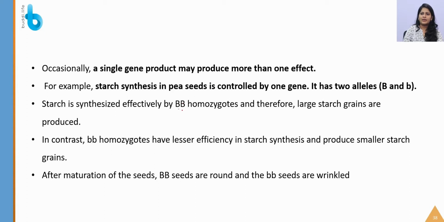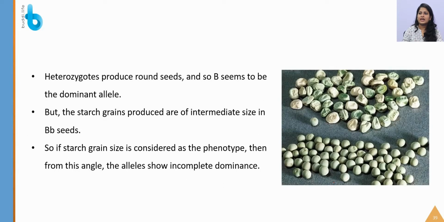When it is capital B, the grain size is very large and it has more starch, whereas if it is small b, the seeds are wrinkled. But if it is intermediate, with one capital B and one small b, the seeds were medium sized and round, not wrinkled.